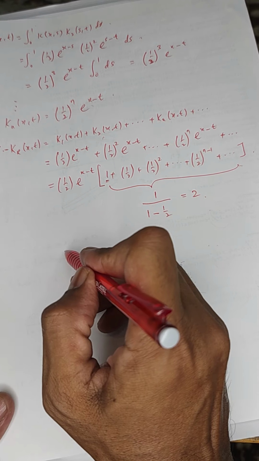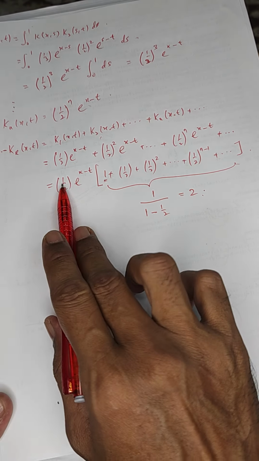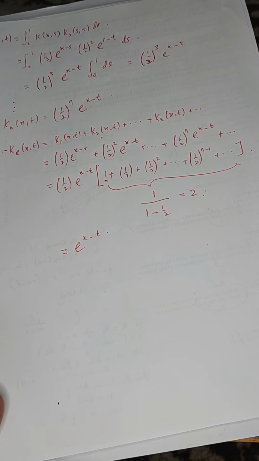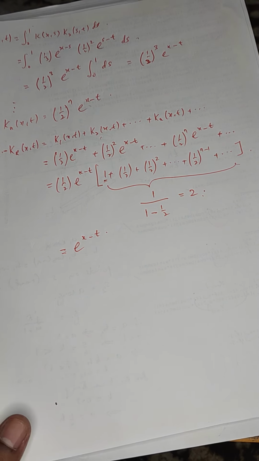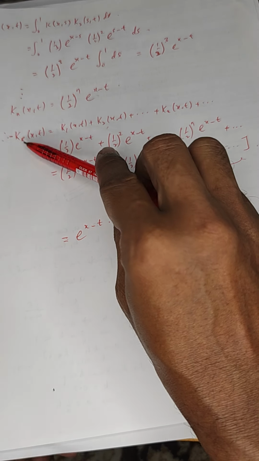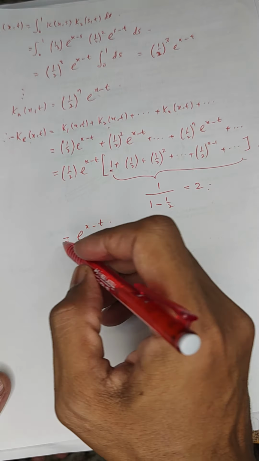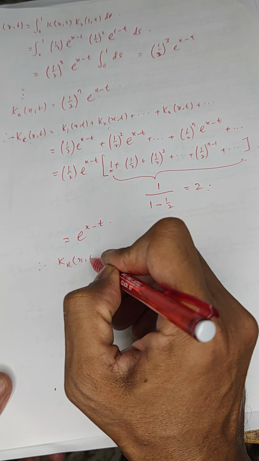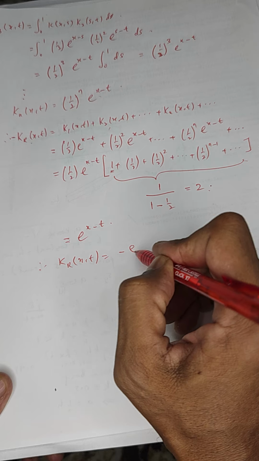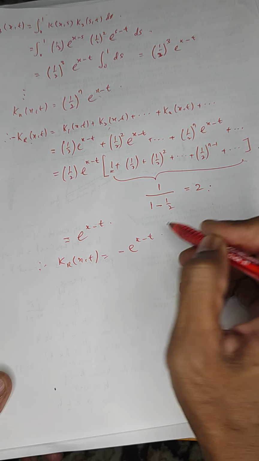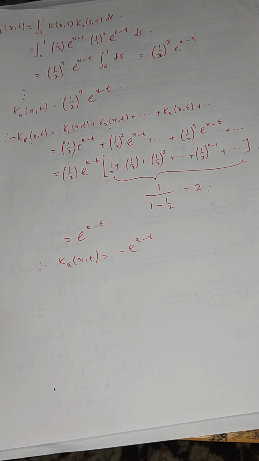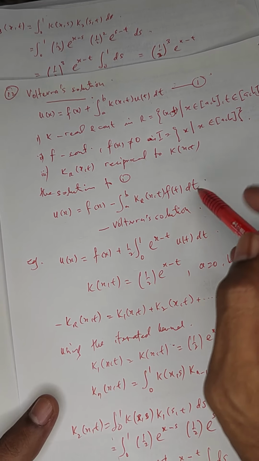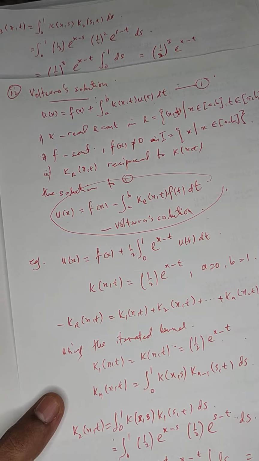Altogether the 2 and half cancel out, so we have e^(x-t). So that's your k_r, therefore k_r(x,t) is given as negative e^(x-t).